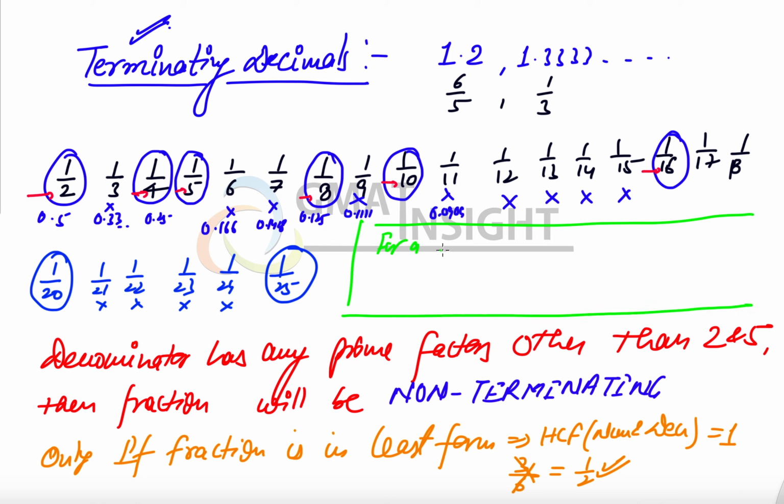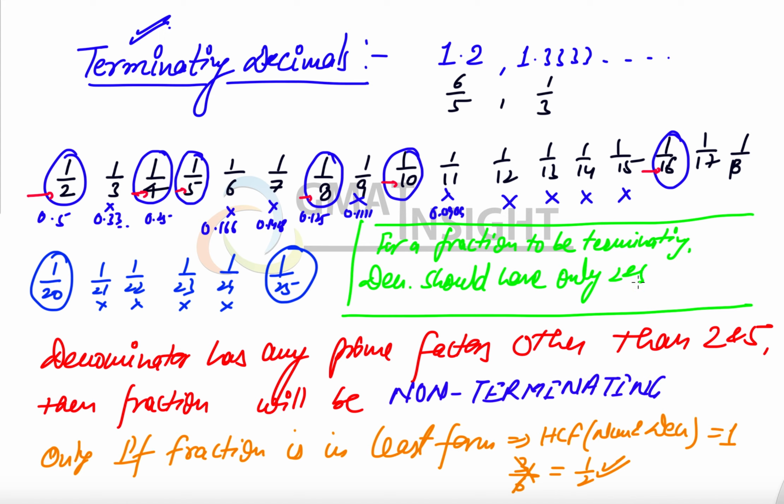For a fraction to be terminating, the denominator should have only 2 and 5 as prime factors. So that's the general principle.